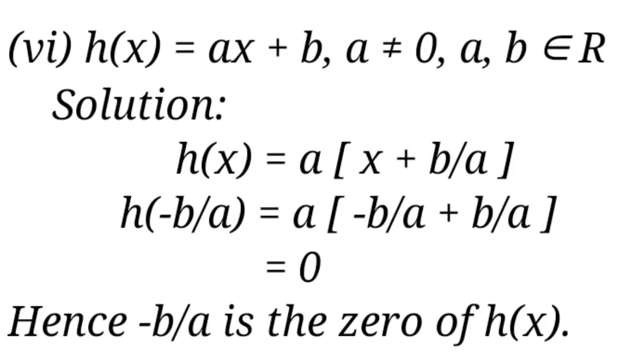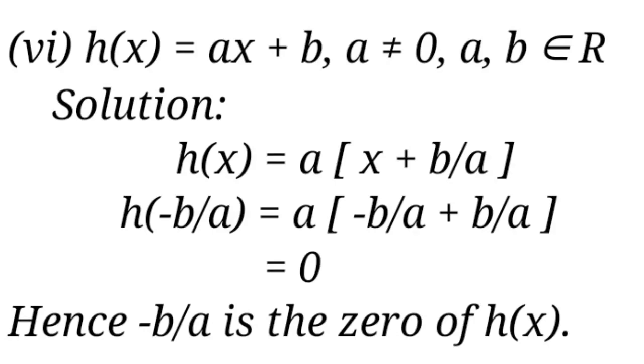Sixth one, h of x is equal to ax plus b, a not equal to 0, a, b belong to R. Solution, h of x is equal to ax plus b. Here taking a as common, then h of x is equal to a into x plus b by a. Let us take x is equal to minus b by a.